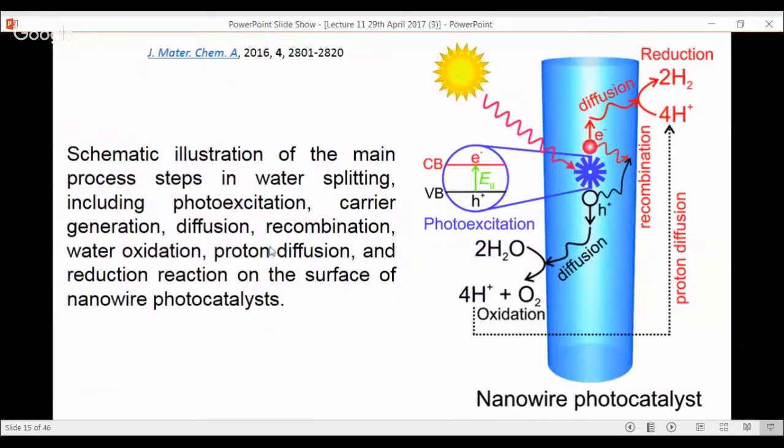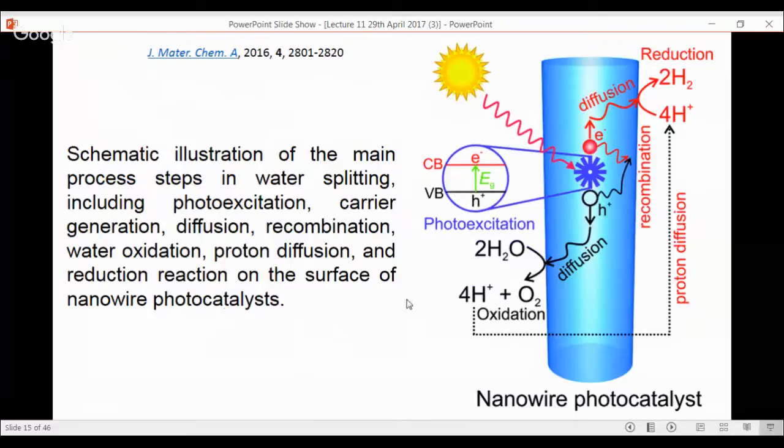So the schematic illustration of the main process steps in water splitting: photoexcitation, carrier generation, diffusion, recombination, water oxidation, proton diffusion, and reduction reaction on the surface of the nanowire photocatalyst.